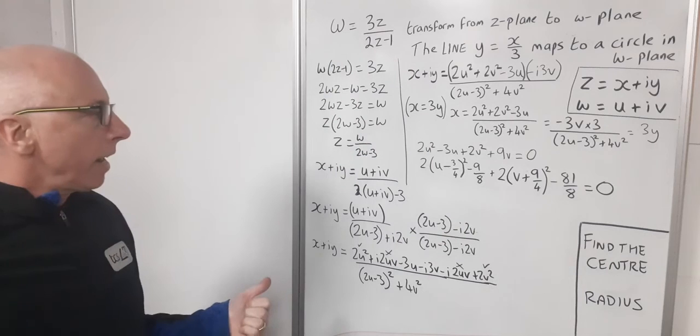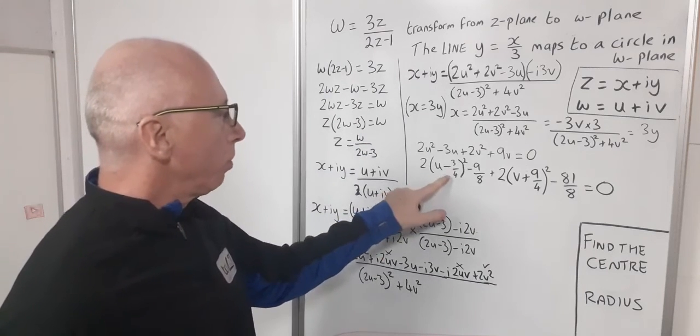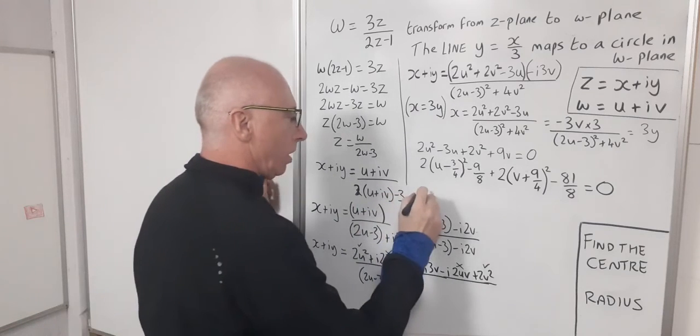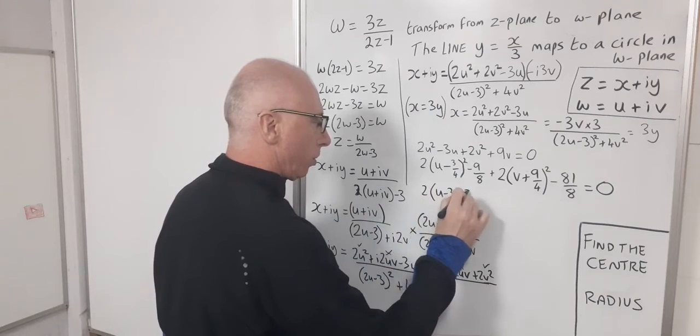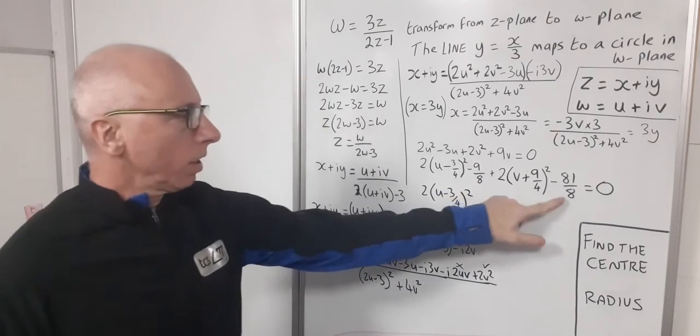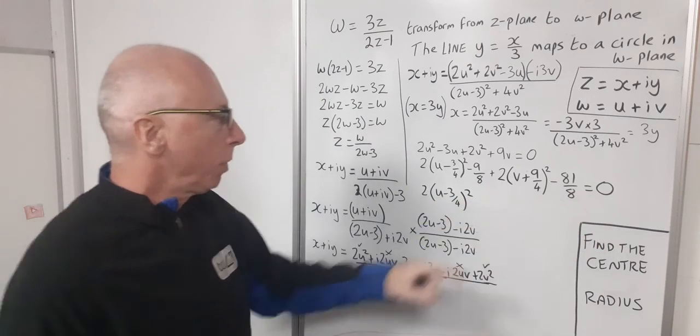So now I'm nearly there in finding an equation for a circle. I've got u minus 3 over 4, so u minus 3 over 4 squared. These constants I can bring over to the other side. That'll give me my radius. Let's repeat this one.